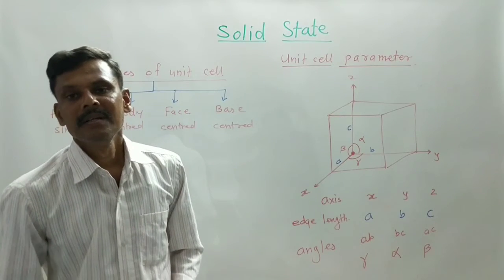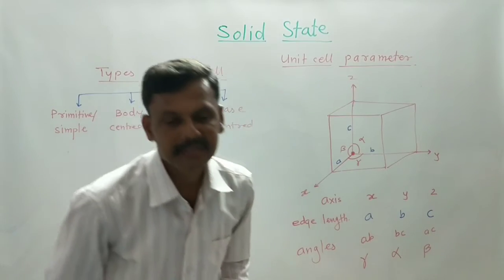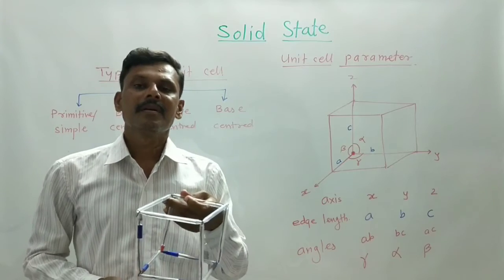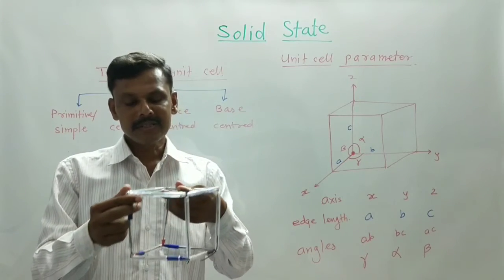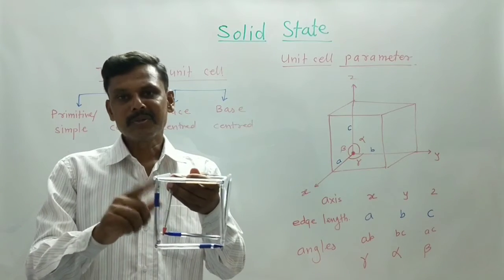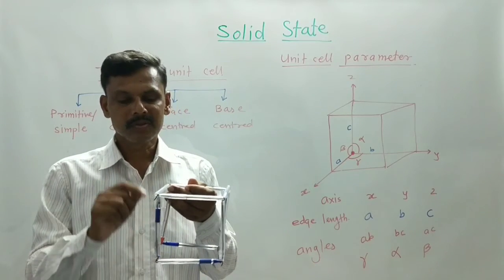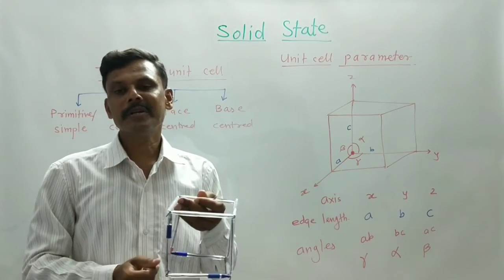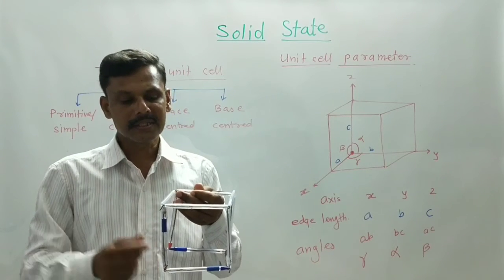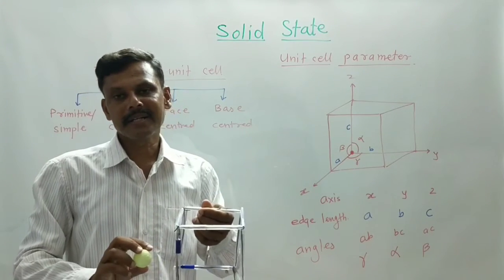In this unit cell, suppose we have one geometrical unit cell, and the constituent particles are present at corners only. So this is the unit cell, and suppose this is a constituent particle.